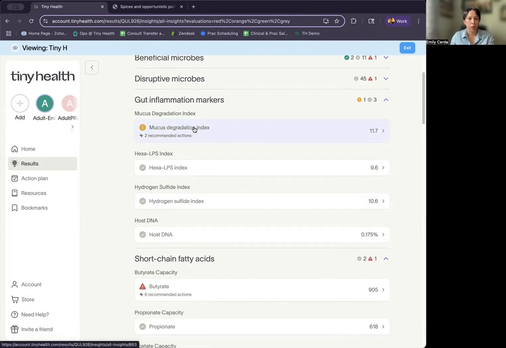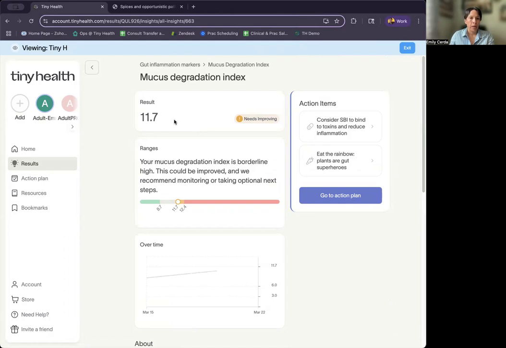So we'll start with the mucus degradation index. Again, index, we're looking at both the taxa, or the microbes present, and then also the genes present. So here we can see this individual has a little bit of an elevated mucus degradation index. That is telling us that the mucus layer in the gut may be being degraded a little bit faster than what we'd like.